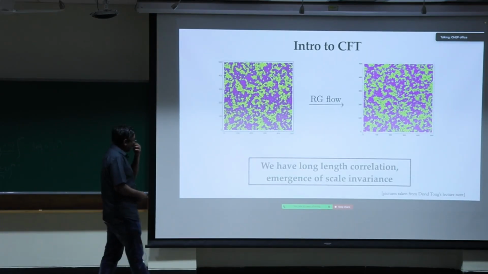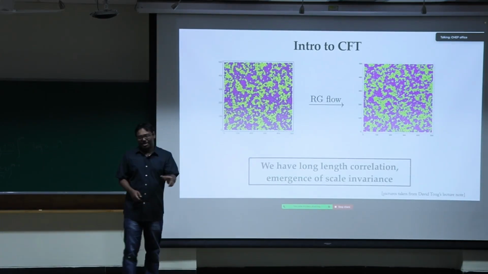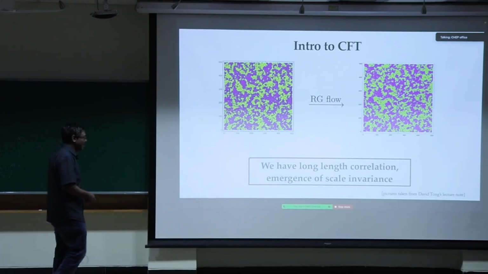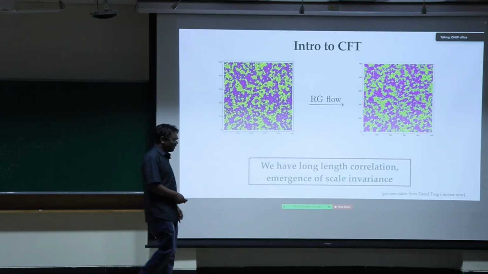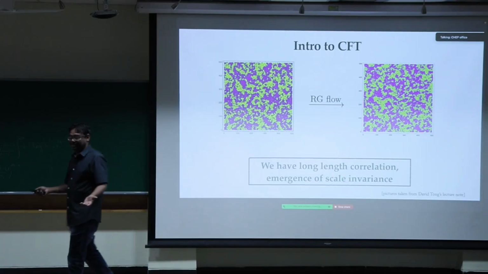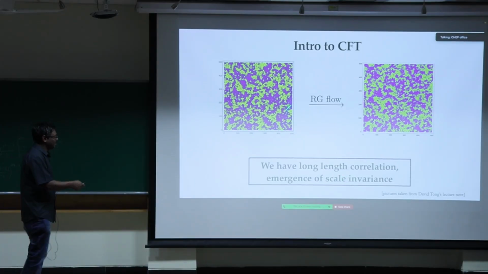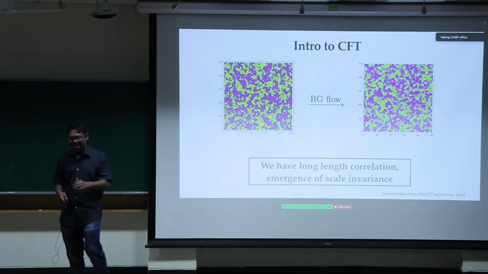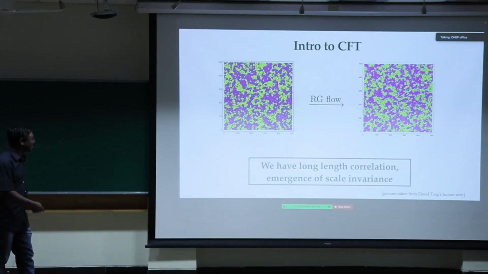But then a funny thing happens: there is some particular temperature where under RG flow the picture looks self-similar, and we have long-range correlation, and in fact the correlation length diverges. And this is exactly the point where scale invariance emerges, and in fact this is exactly the point where the conformal field theory lives.